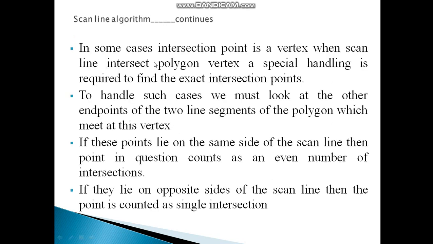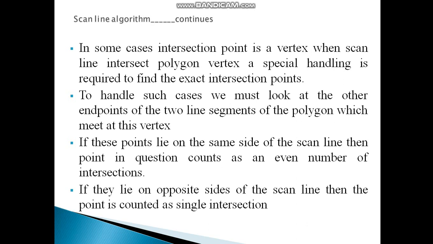In some cases the intersection point is a vertex. When a scanline intersects a polygon vertex, special handling is required to find the exact intersection point. To handle such cases, we must look at the other endpoints of the two line segments of the polygon which meet at this vertex.